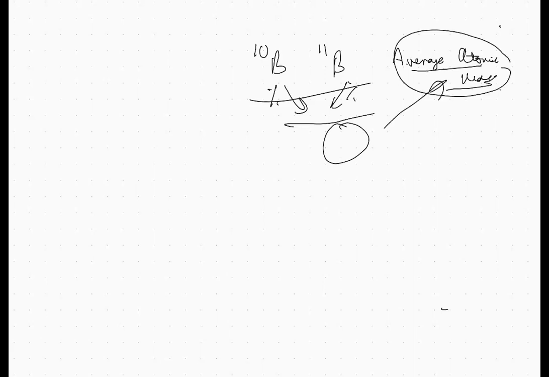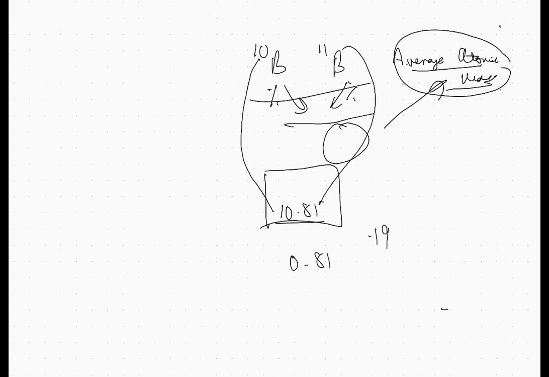When I look at the periodic table, I see the value 10.81 as the mass. The difference between 10 and 10.81 is 0.81, but between 11 and 10.81 is only 0.19. The one that has the smallest difference is the one in abundance. So 11B is the most abundant.